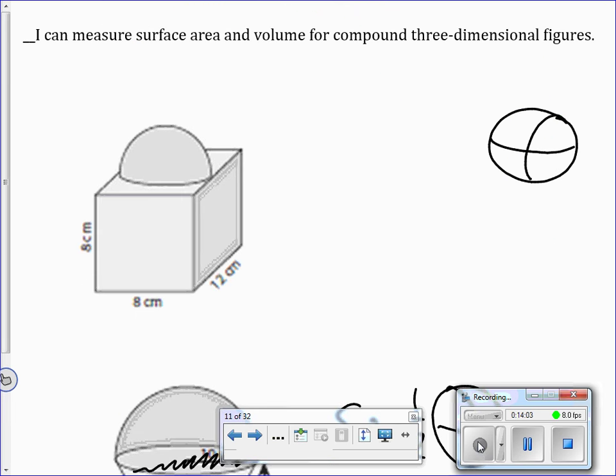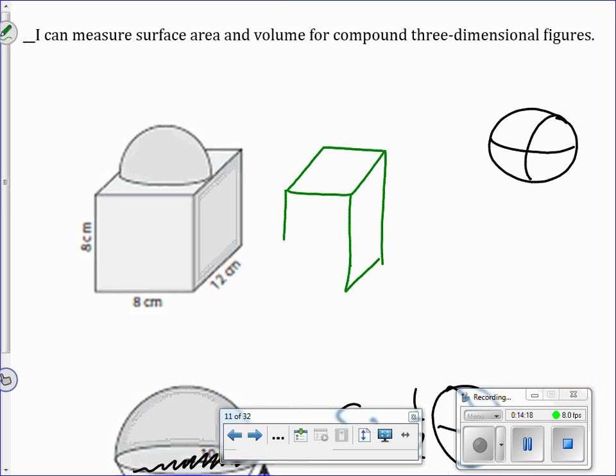Now we're going to want to be able to move to shapes like this where they're compound, and so finding its volume, surface area, and things like that. So we're going to have to make sure that we can think through and process that. We don't have time in this video to cover it, but it's pretty easy. If I wanted to do the volume of this thing, I would simply find the volume of that bottom part, which is a prism, and then I'd find the volume of the sphere, and then I would take that volume and cut it in half.